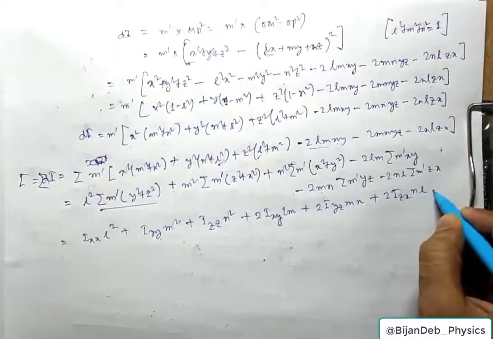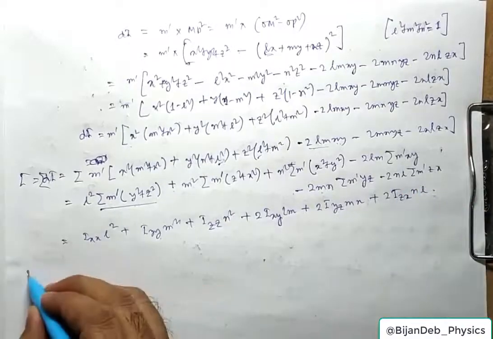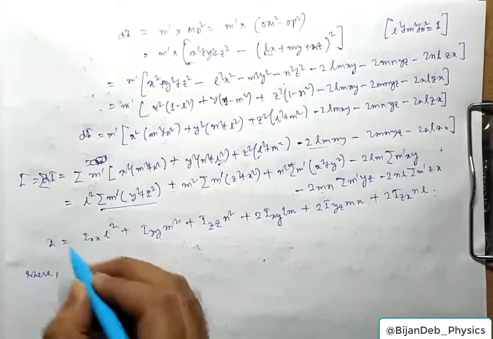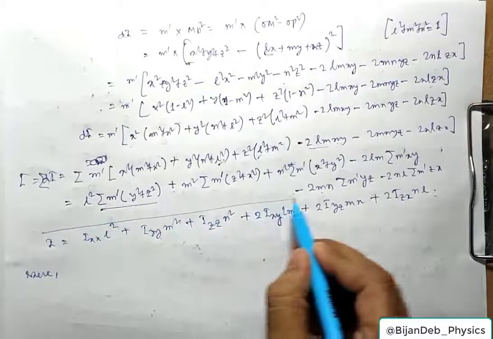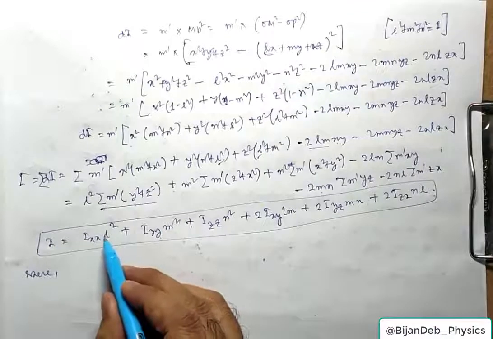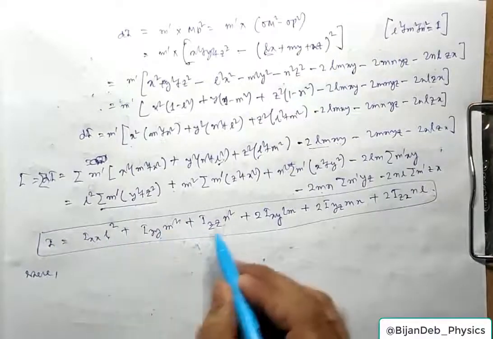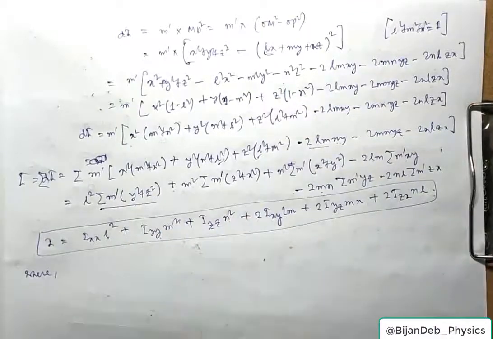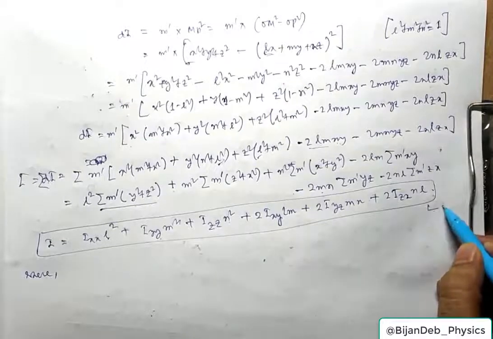Okay, where this is a general expression for I about an axis which has direction cosines l, m and n. This derivation used to come in the exam. Okay, so you remember this expression.